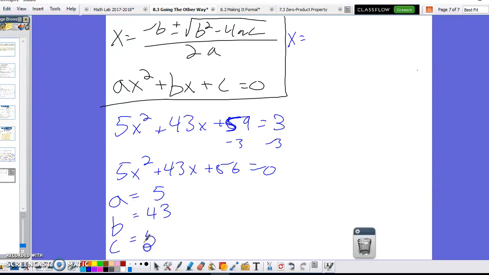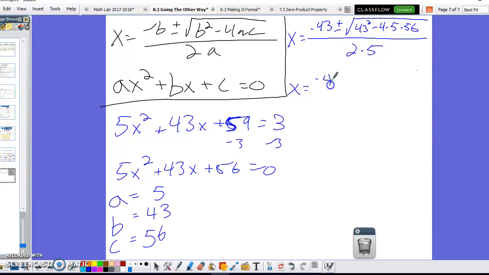5, 43, and 56. So the other thing about this is that I guess the numbers are just big, and sometimes we get a little worked up when numbers are bigger here, but it's going to work out the exact same. 43 squared minus 4 times A, which is 5, times C, which is 56, all over 2 times 5.